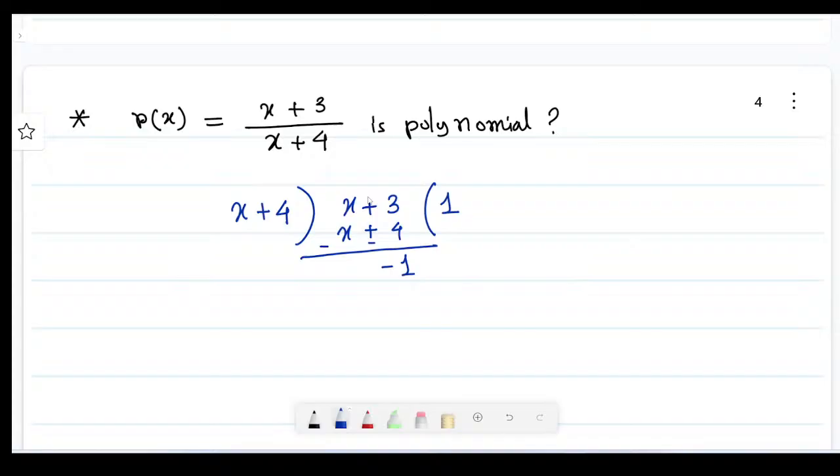So the above expression can be written as 1 minus 1 by x plus 4.